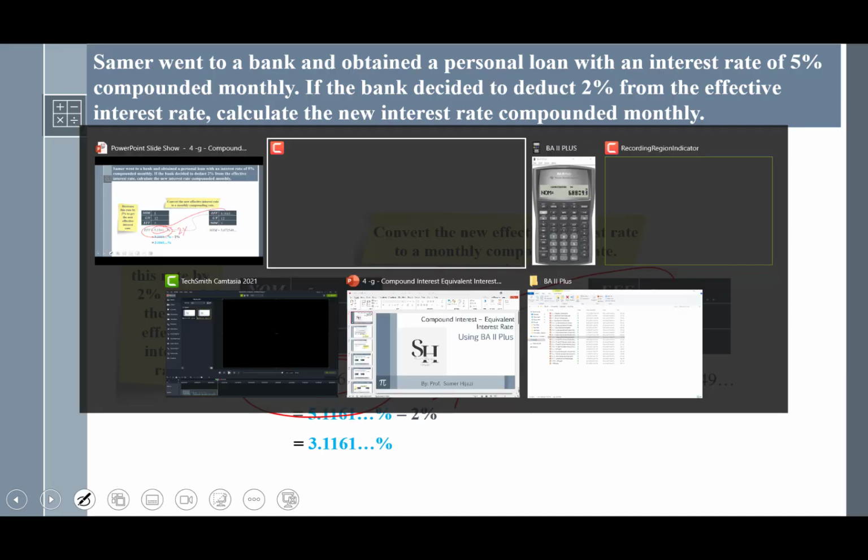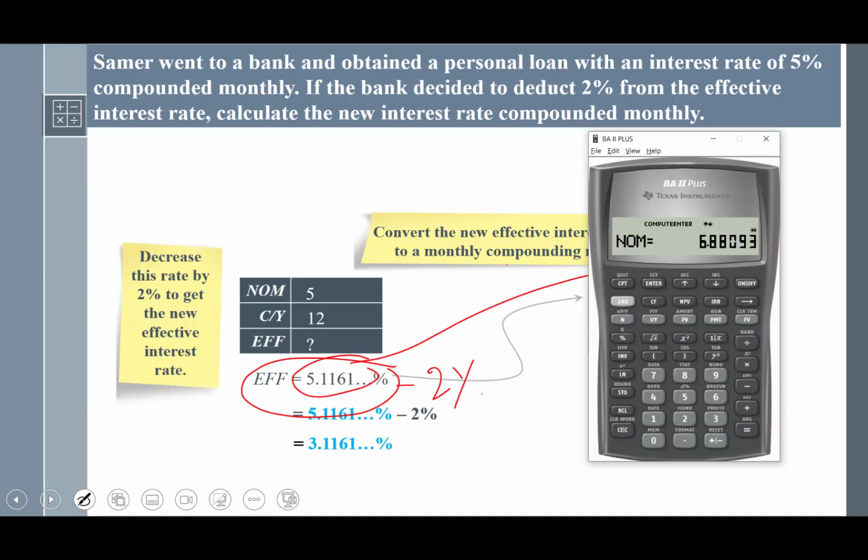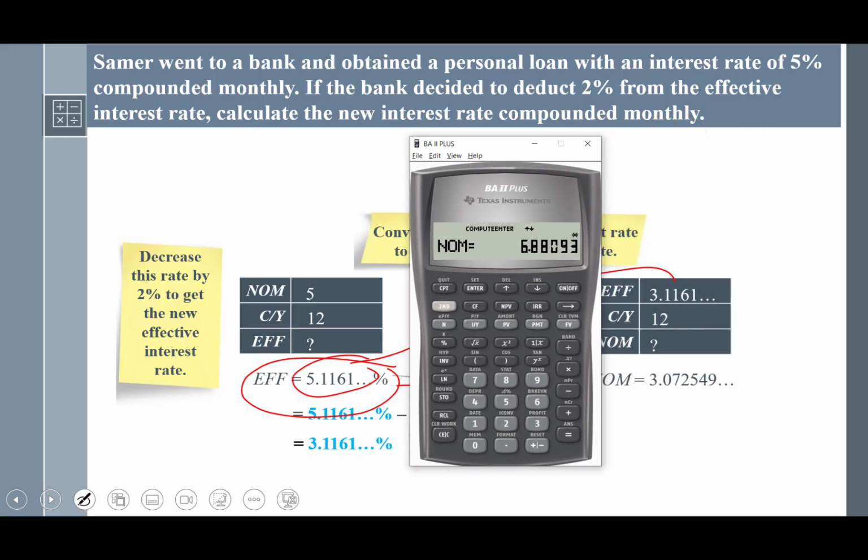Okay, let's bring our calculator and do that one step at a time. Let's clear work. And let's enter the nominal at 5. Press enter. Go up. CY is 12, so we're going to press 12 and press enter. We're going to go up and CPT effective.